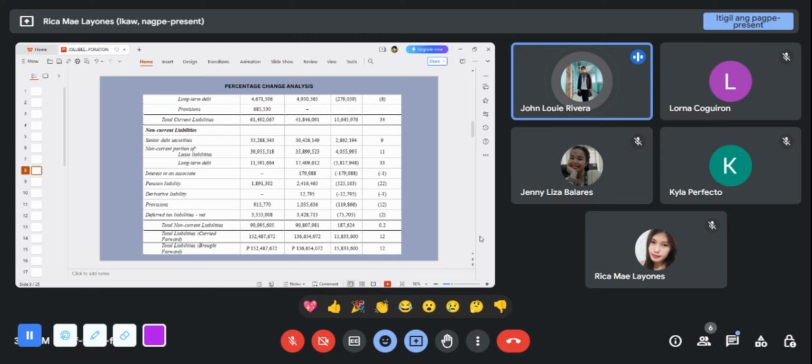Long-term debt, negative 5,817,948, increased by 33. Interest in an associate, amount negative 179,088, decreased by negative 1. Pension liability, amount negative 525,163, decreased by 22.